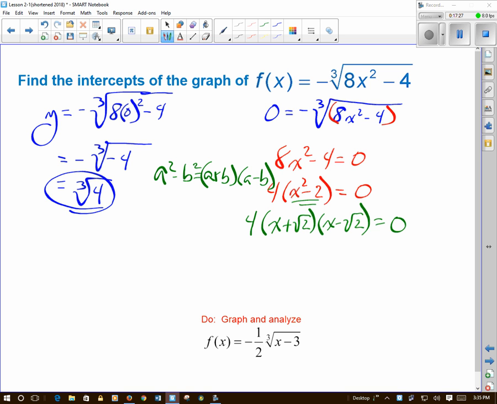And that's where we get the x plus square root of 2, x minus square root of 2. So that gives us that x equals square root of 2 or negative square root of 2. Kind of put those backwards there. That's okay. Okay, so take a few minutes and graph and analyze this function.